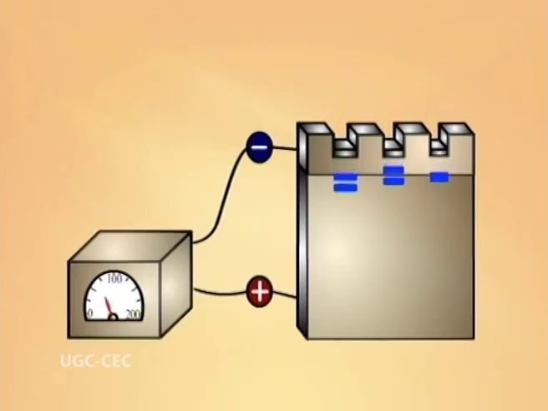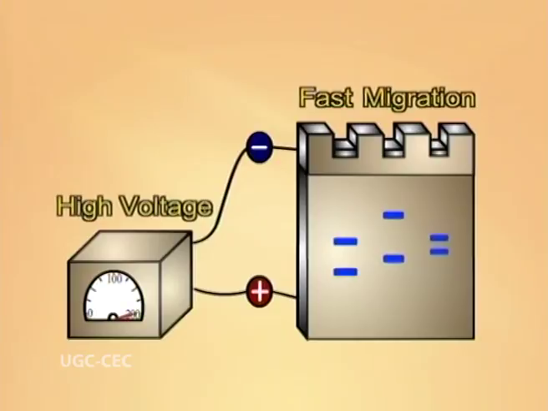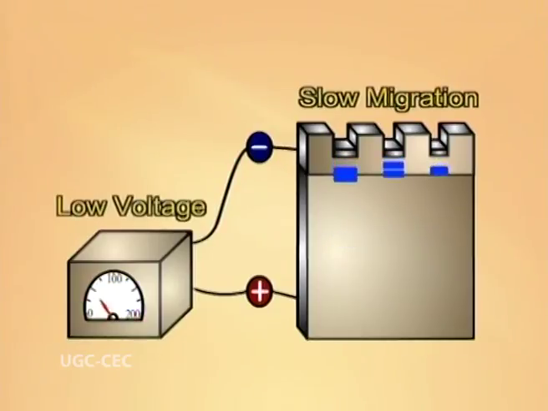The third point is the passing of the current. If the current is passed at a high voltage, then the migration of the molecule becomes faster, and vice versa. So this is the basic principle of electrophoresis.